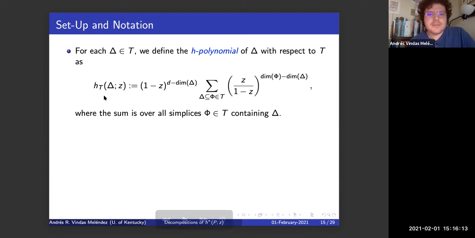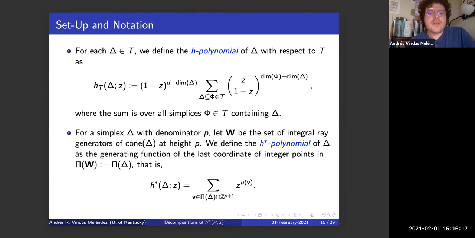Okay. And so for a simplex with denominator Q, we define the H star polynomial of that simplex to be the generating function of the last coordinate of integer points in the fundamental parallelepiped, okay, for a simplex. And so this is the H star polynomial for a simplex, okay.